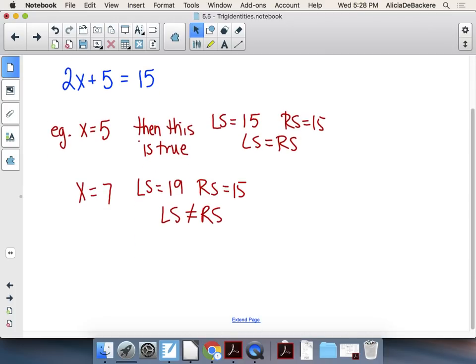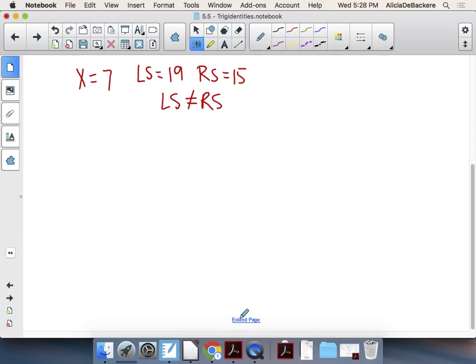So yesterday I kind of gave you a silly one for your identity. There's lots of different ways that we can come up with identities, but they don't have to have trigonometry in them. We are going to be focusing in this chapter just on trigonometry ones, but I could make one up. Like yesterday, I gave you the example of 3x squared is equal to 18x cubed over 6x.